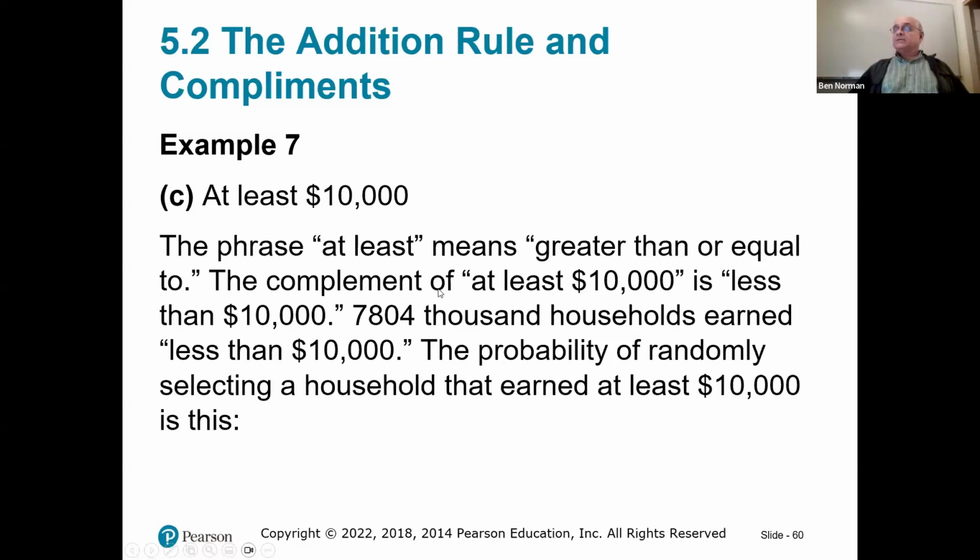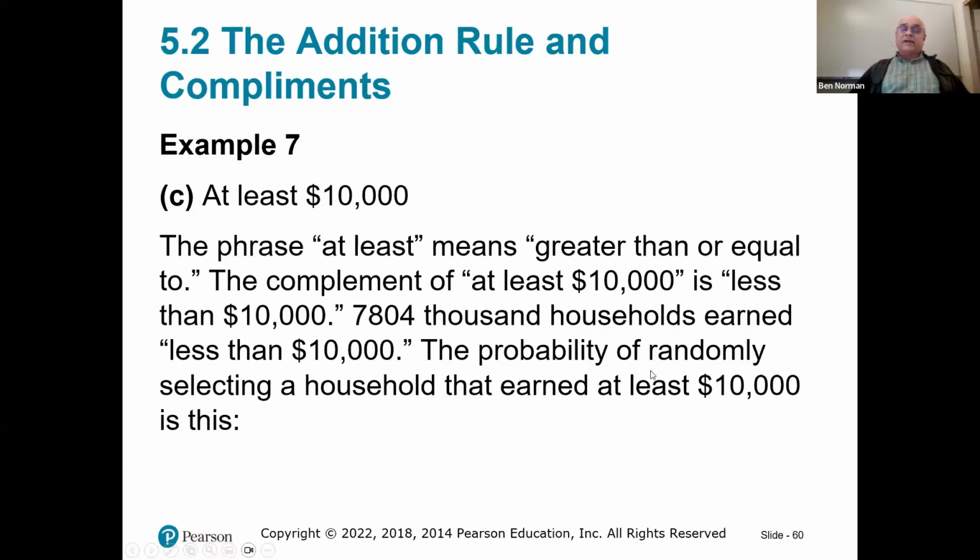Note, the phrase at least can also mean greater than or equal to. The complement of at least 10,000, or greater than or equal to 10,000, is less than 10,000. 7,804 households earned less than 10,000.